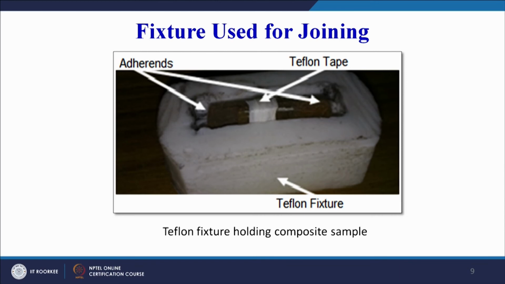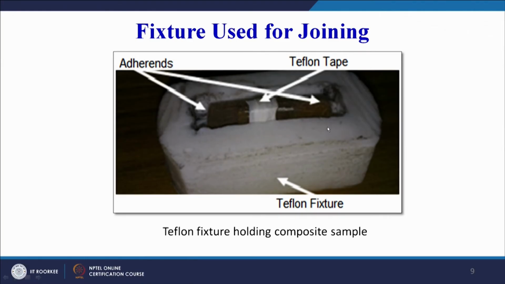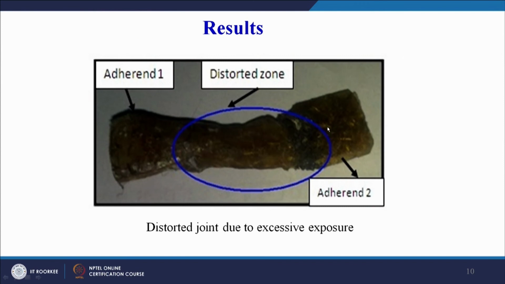Now what is ideally required is that these two parts must join successfully, but that is not possible easily because of the number of iterations, number of combinations of power and time that we have to see.